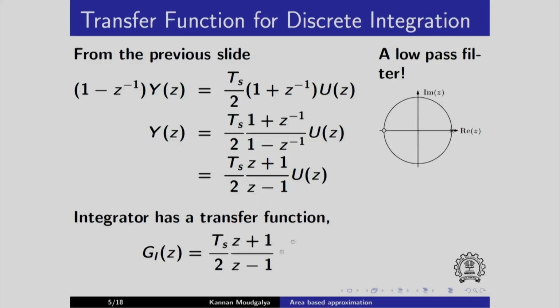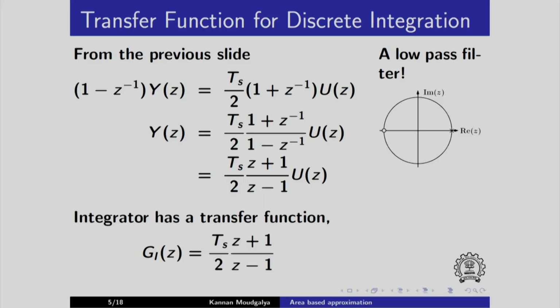We can denote the poles and zeros here. Here is the pole at z equals 1, zero at z equals minus 1, and recall that this is a low pass filter, which is in agreement with the pole zero location based filtering theory that we presented earlier, and of course it is also consistent with the integration operation, which is a low pass filtering operation.